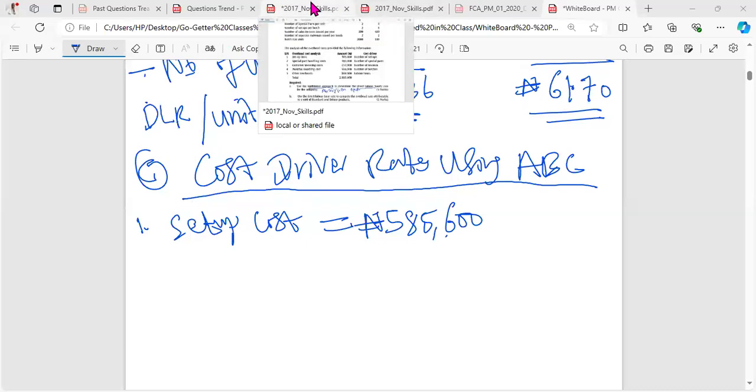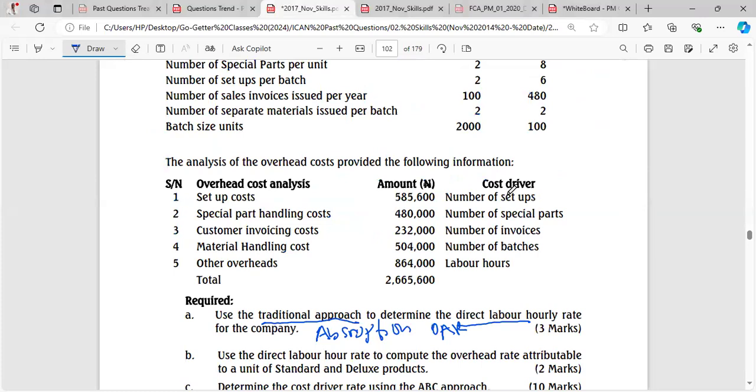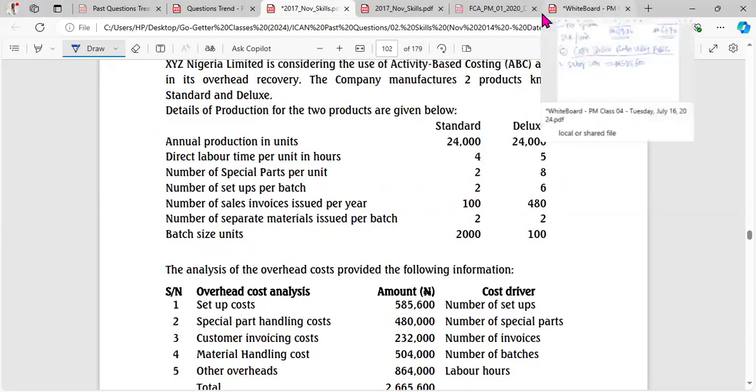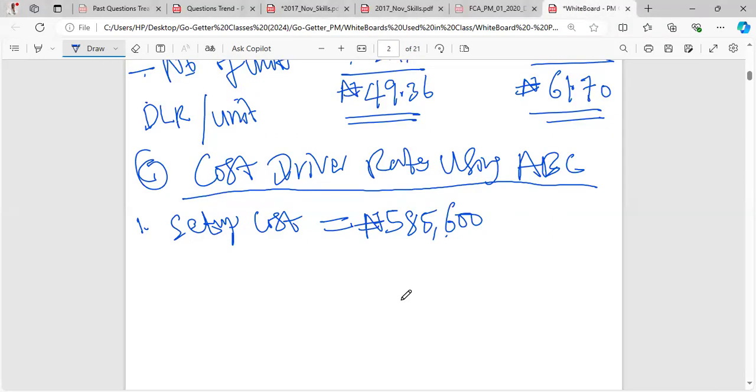All right, so setup costs. We have our setup costs given to us. What is the cost driver? The number of setups. So we'll now go to the additional data, number of setups per batch.